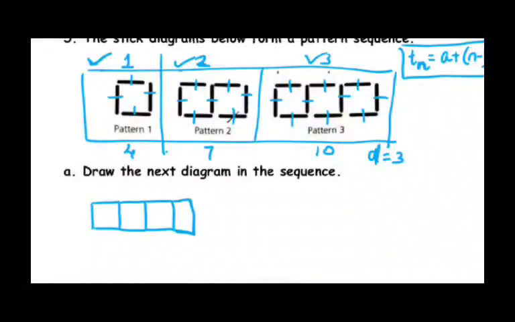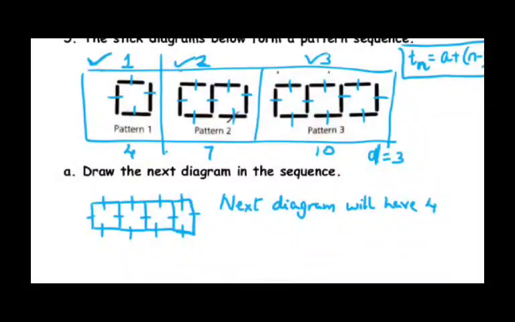So this is 1 2 3 4 5 6 7 8 9 10 11 12 13. So our next diagram will have 4 squares with 13 sticks.